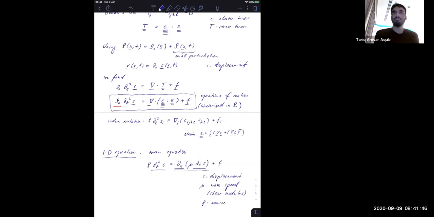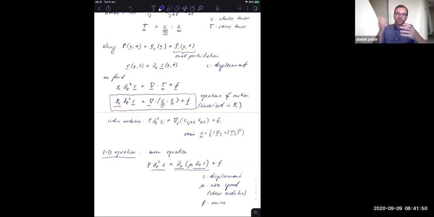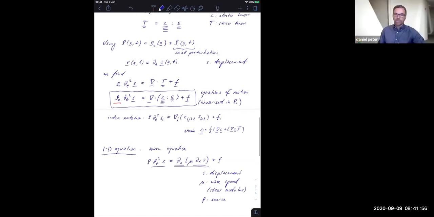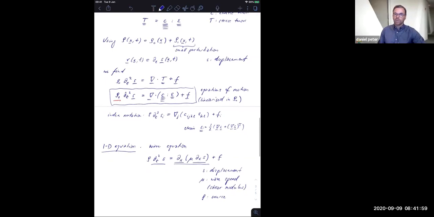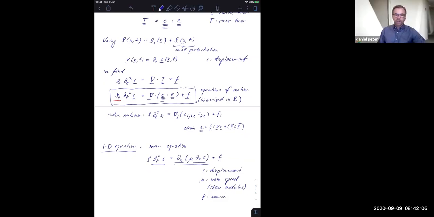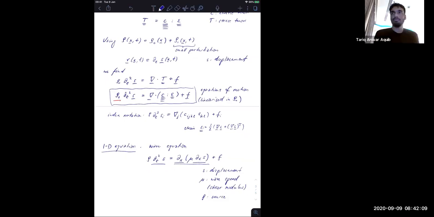So we linearize these terms, all the terms which would have second order terms with these small perturbations we cancel out. What we're left with are the equations of motion linearized in rho zero. And in 99% of your time, you will see these equations in seismology.